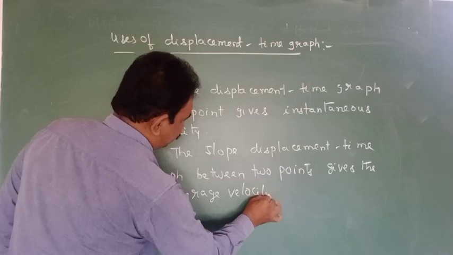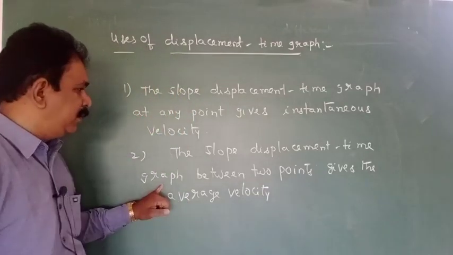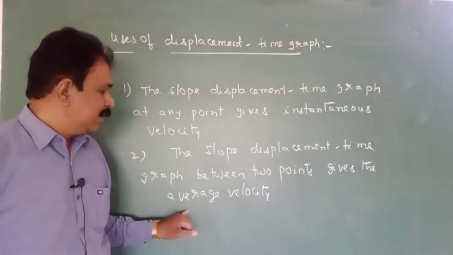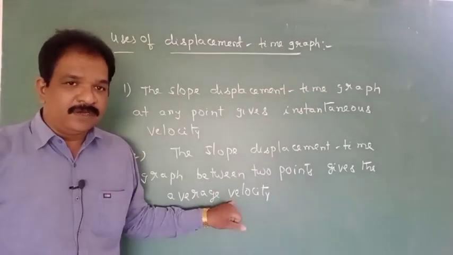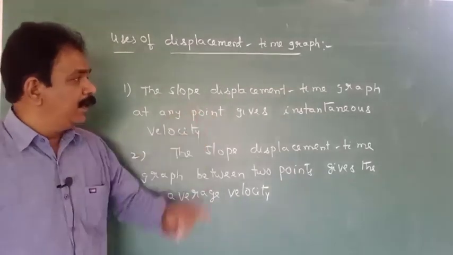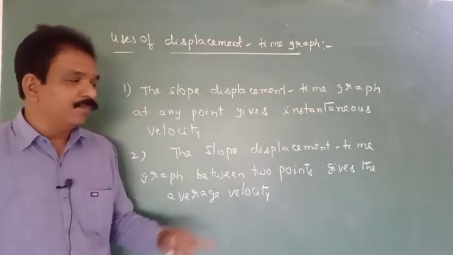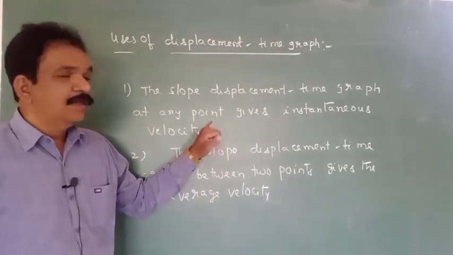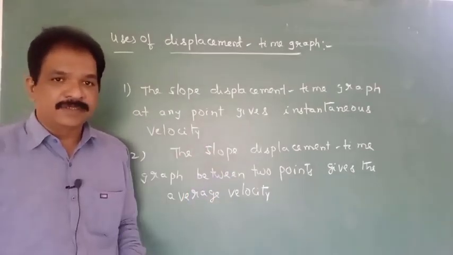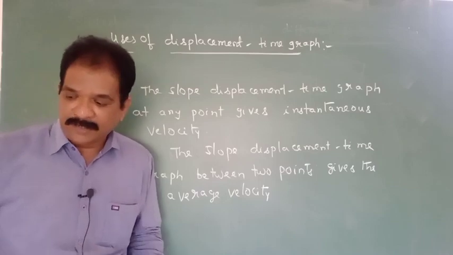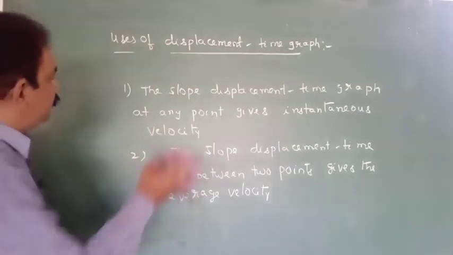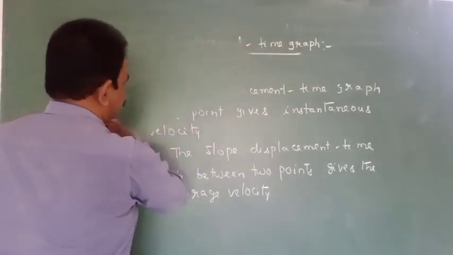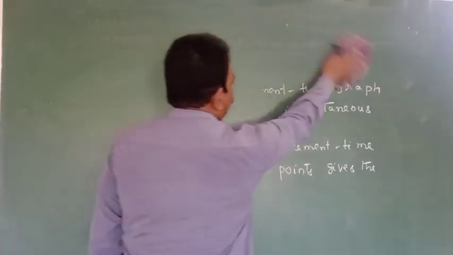The slope of the displacement time graph between 2 points will give the average velocity. At any single point, the slope of the graph will give the instantaneous velocity. The point is clear. Next, velocity time graph. Pause the video and note all of this down, make it as notes, all of you.